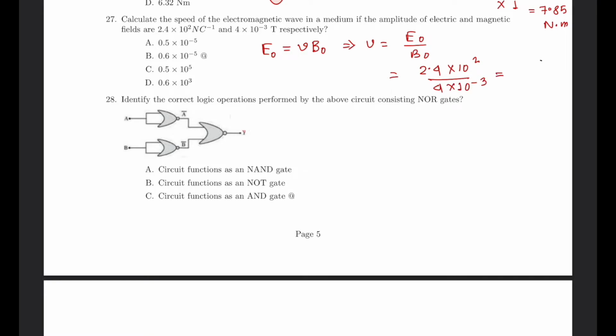So this is 0.6 into 10 to the power 5 meter per second, but the official answer key says it is 0.5 into 10 to the power minus 5 meter per second. This is not true because this is a very small velocity. So I think the right answer is this, but I don't think the key is right because of its smallness.